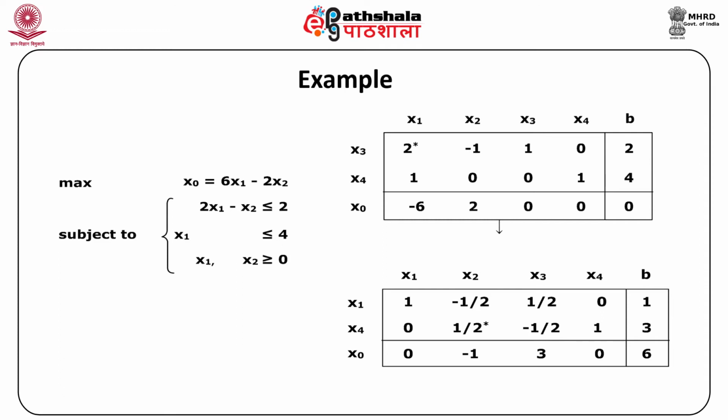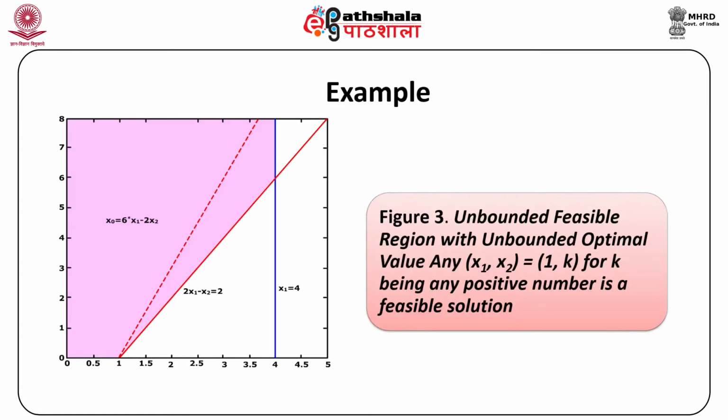The computation is shown. The figure shows the unbounded feasible region with a bounded optimal value. Any (x1, x2) = (1, k) for k being any positive number is a feasible solution.